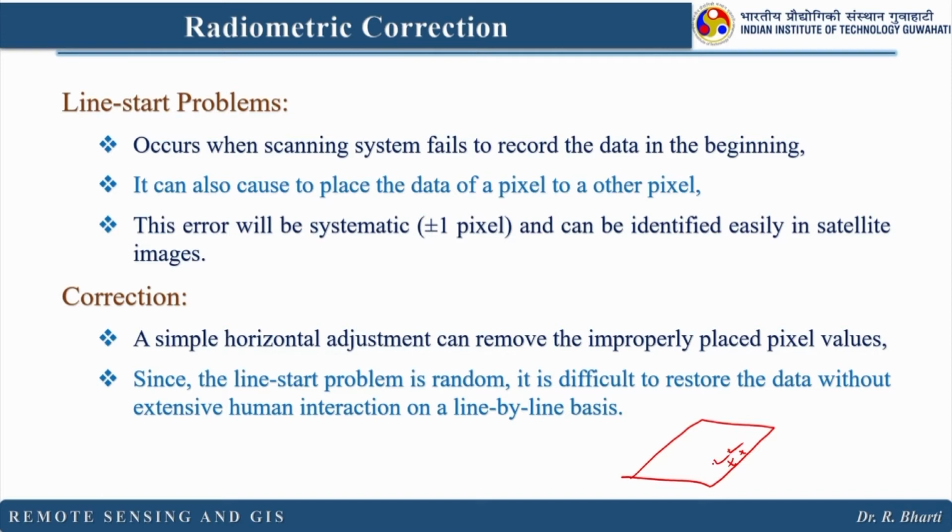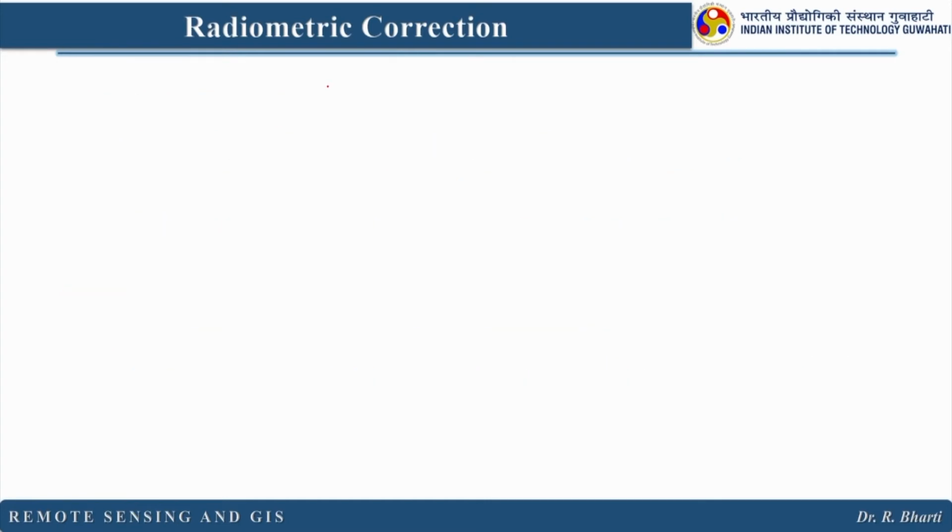Based on our visual analysis, we will see all the details in zoom, then we will find whether there is any mismatching of the pixels, right, and if there is, then we have to run the horizontal adjustment for 1 pixel, right, because this can go either to the right hand side or left hand side, and it can move only 1 pixel, not more than that. Then only it comes under line start, right.